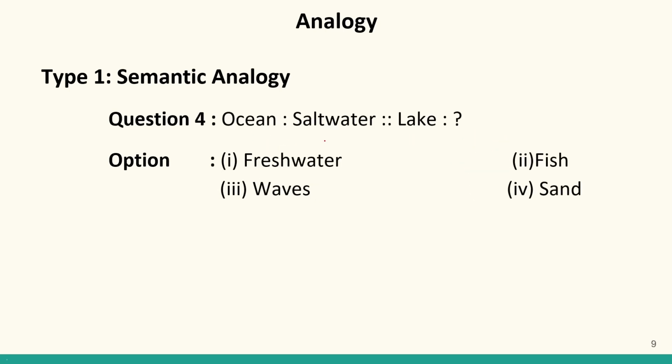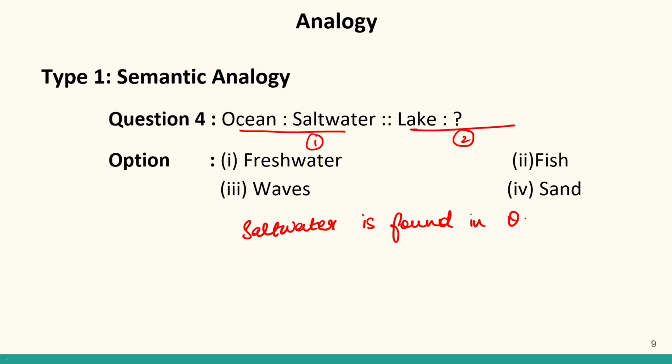Now, ocean is to salt water, lake is to what? This is the first pair and we have to complete the second pair, right? Ocean is to salt water. I can say that salt water is found in the ocean, right? The ocean is made up of salt water.